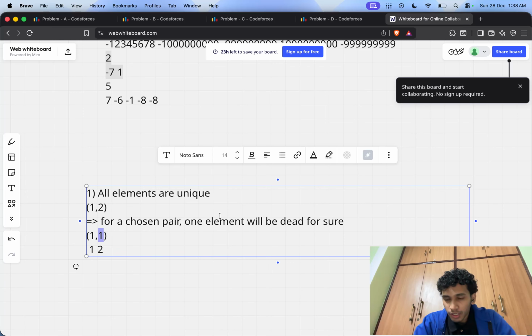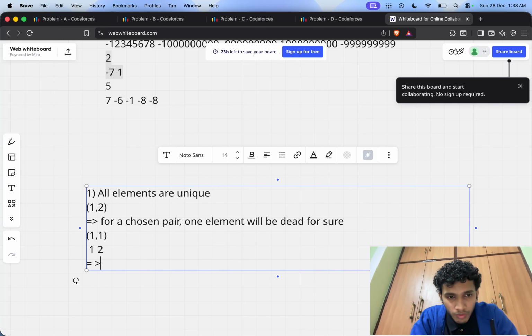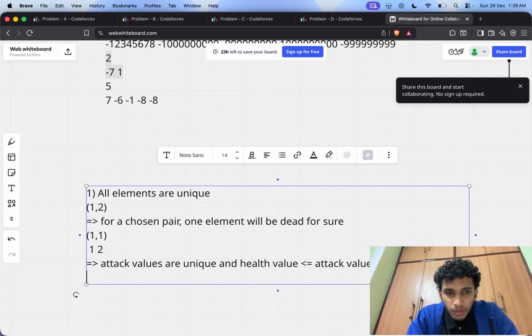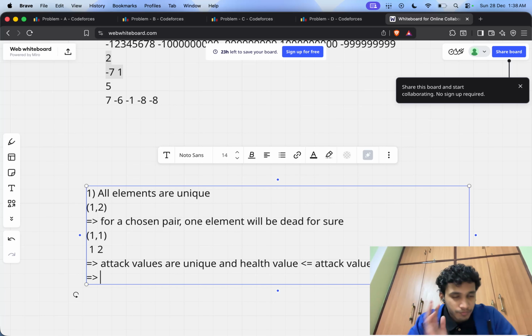All right. So we have come to a conclusion that since attack values are unique, and health value is always smaller than or equal to attack value, what does this mean?